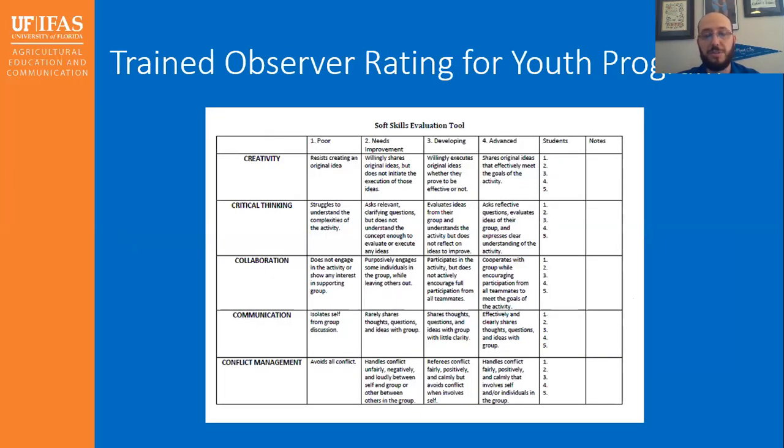Some examples: here is a soft skills evaluation tool that's used within 4-H. This gives 4-H agents the opportunity to observe the 5 C's of leadership development within their students at the beginning of a series-based program and towards the end.